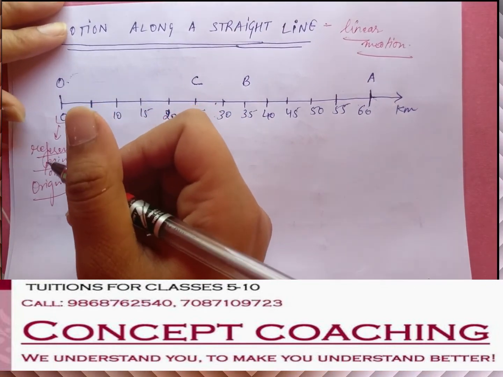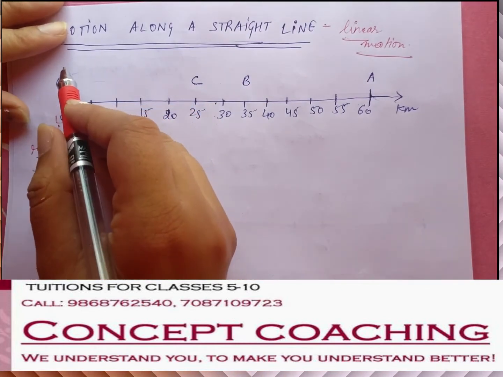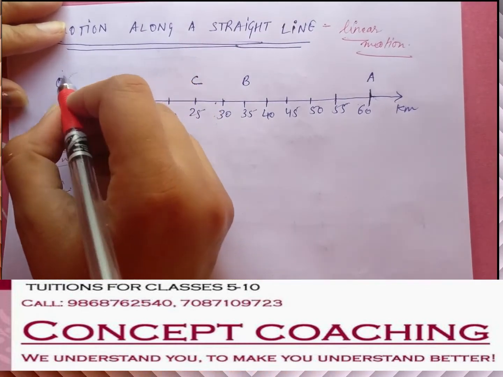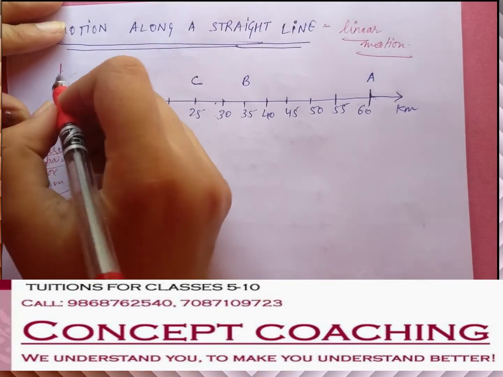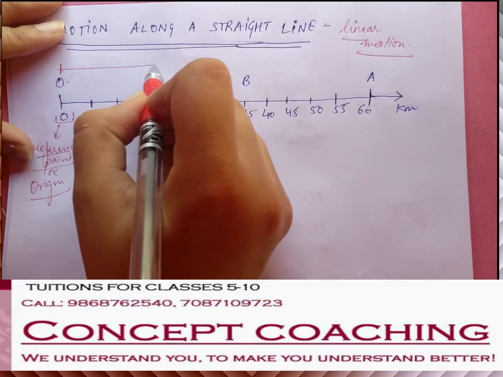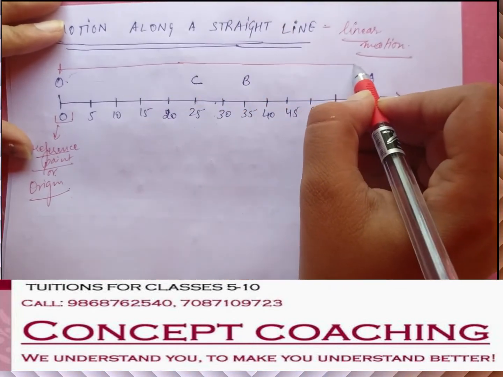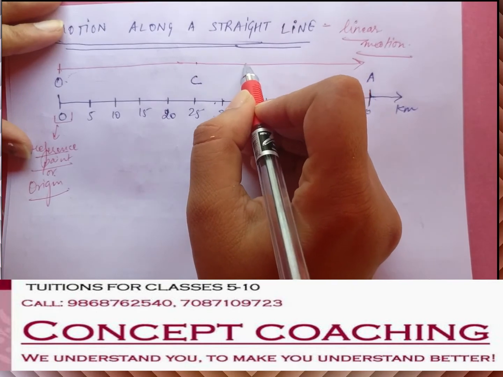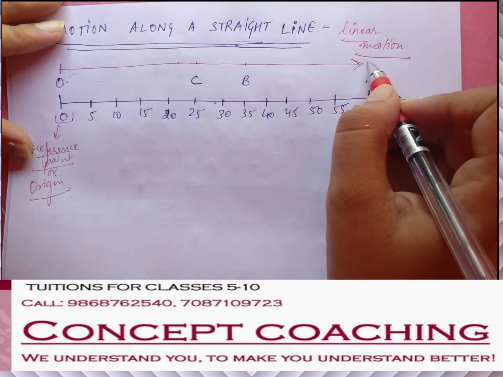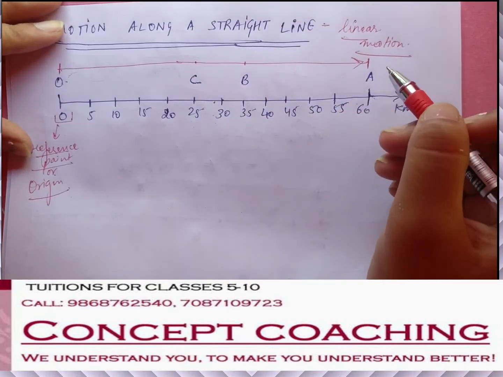So let's consider that our object starts from point O on this line and moves along in a straight fashion in the direction as I'm showing you in the diagram. It passes the point C and it also passes the point B and finally reaches the point A.